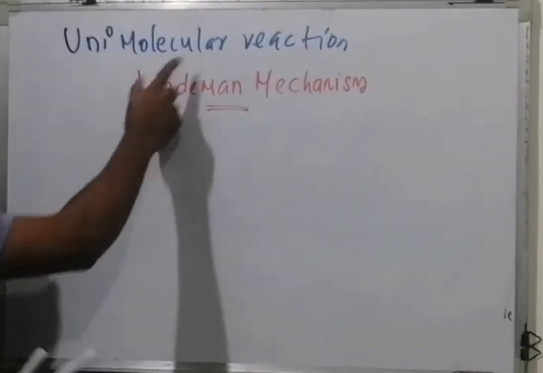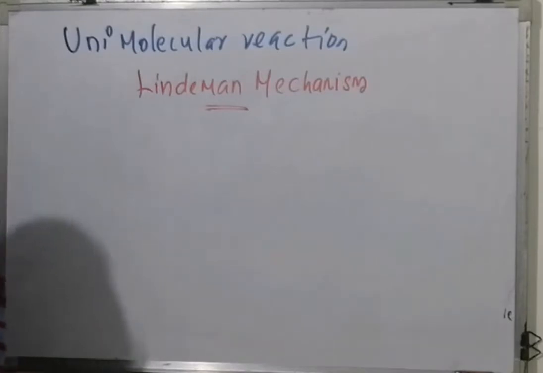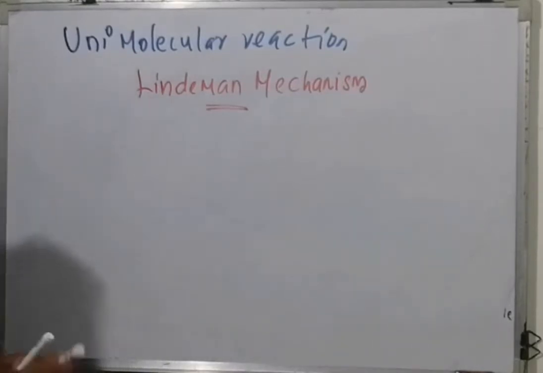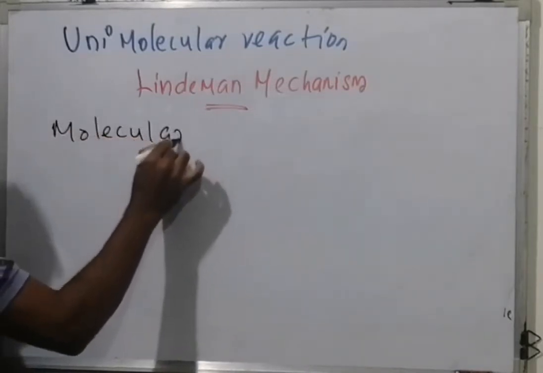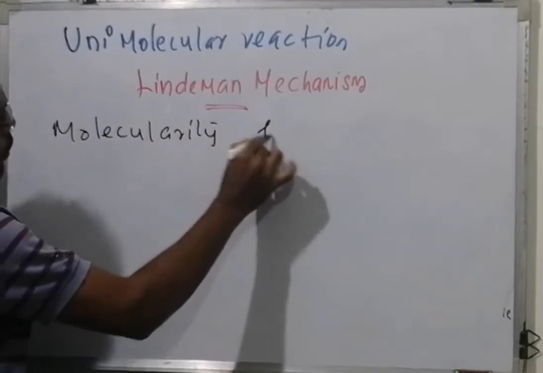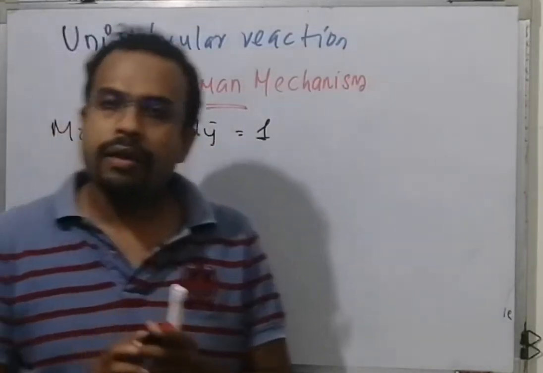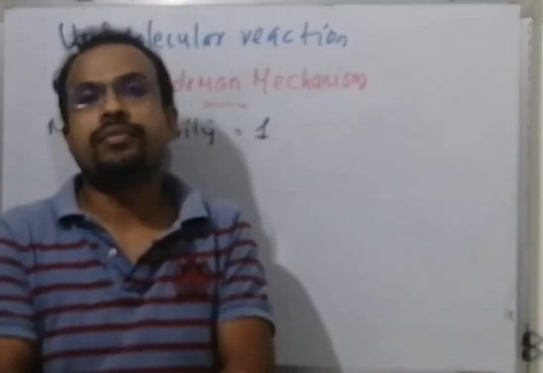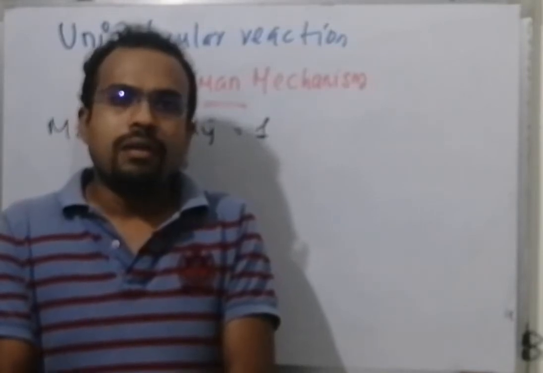Unimolecular doesn't mean that its order is 1, but its molecularity is 1. What is the molecularity? The number of molecules colliding, that is the molecularity.